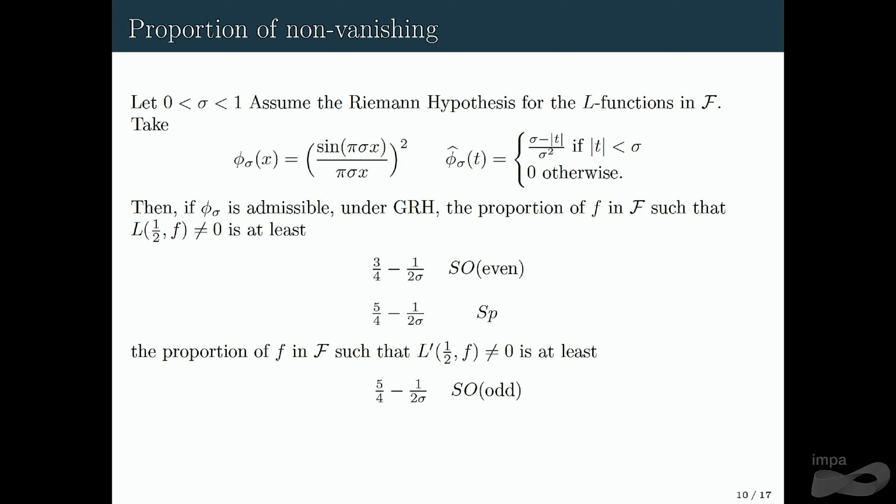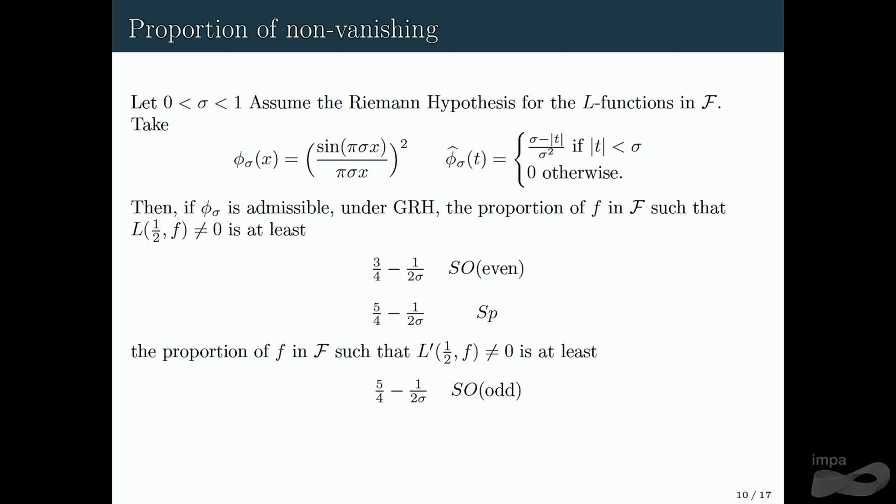So that's the kind of result we hope to get by doing all of this: proving that most of the L-functions do not vanish when they are not supposed to vanish. And if they are vanishing, then they should be vanishing only with multiplicity 1.